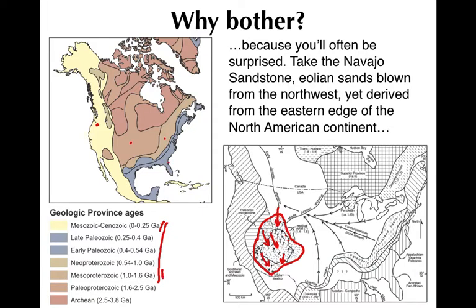Well, it turns out that the Navajo Sandstone is chock full of zircons from this terrain called the Grenville. And those zircons, ranging in age from half a billion to 1 billion years, must have gotten from here all the way out to where the Navajo Sandstone is somehow, and since the wind was blowing from the northwest, it wasn't the wind that brought it there.